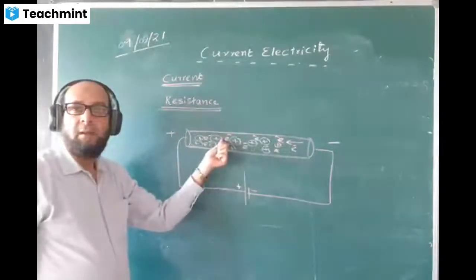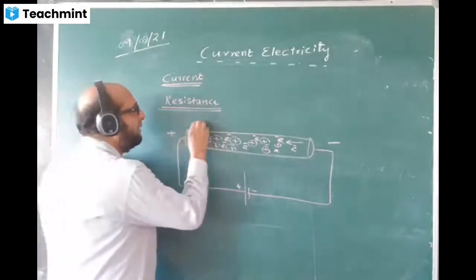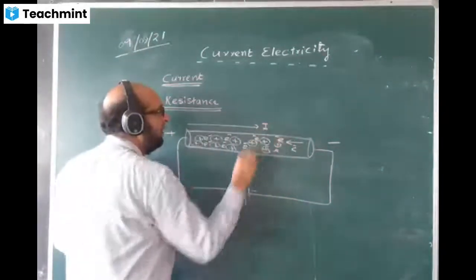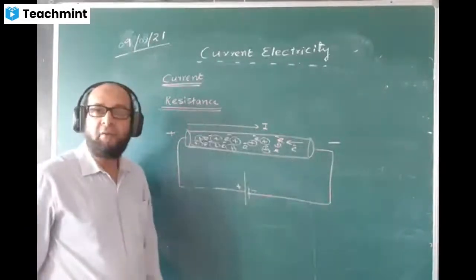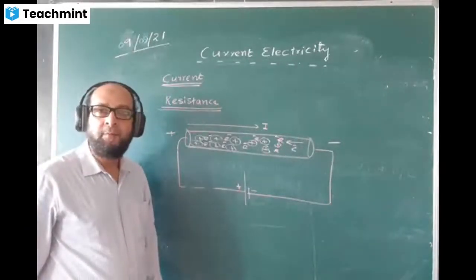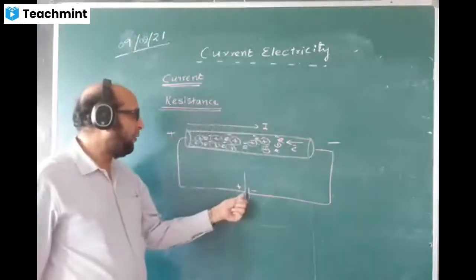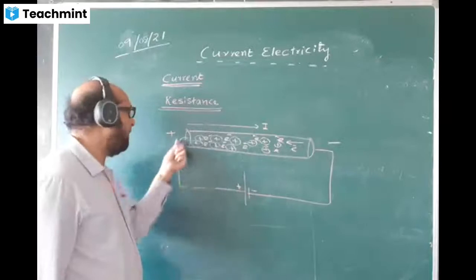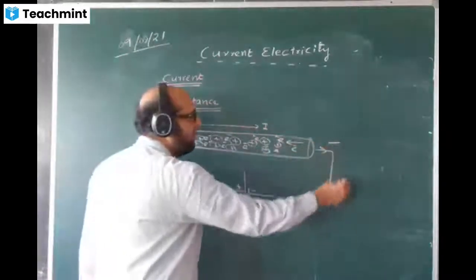According to convention, the direction of current will be opposite. Current always flows opposite to the direction of flow of electrons. In other words, the current flows from high potential, from positive to negative.